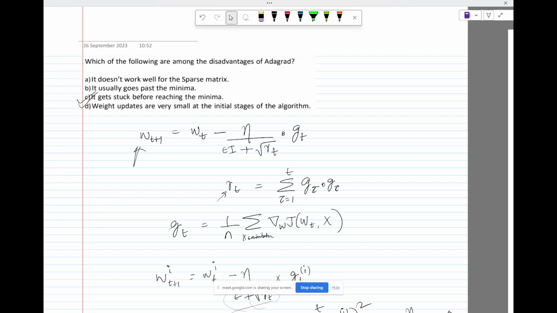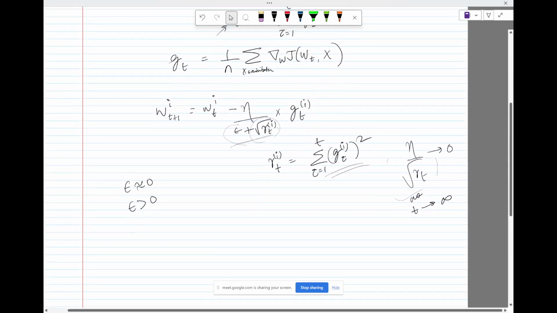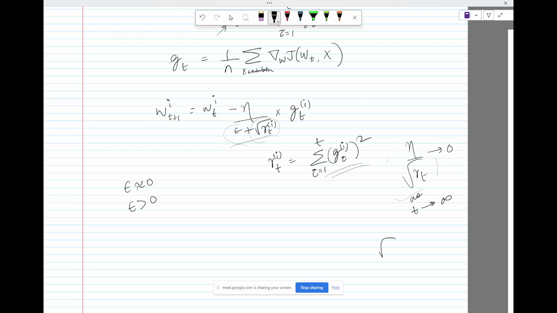And the other option is weight updates are very small at the initial stages of the algorithm. At the initial stage, the gradient will be just at the first time step, let's say. So there is not much accumulation happened. So this R_t will be small.